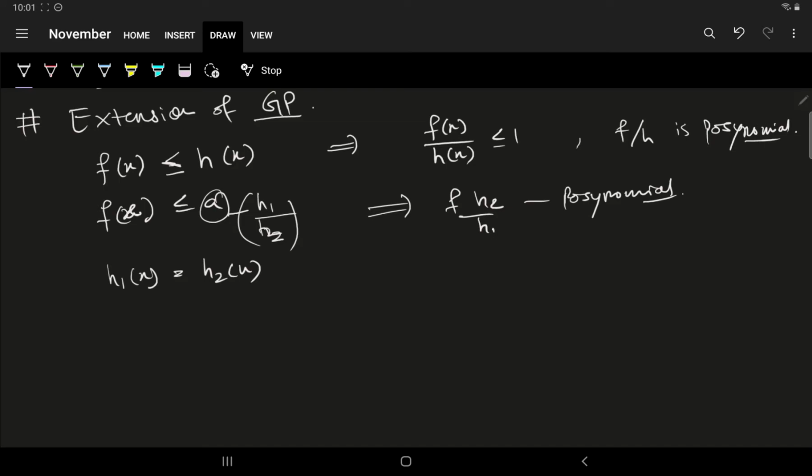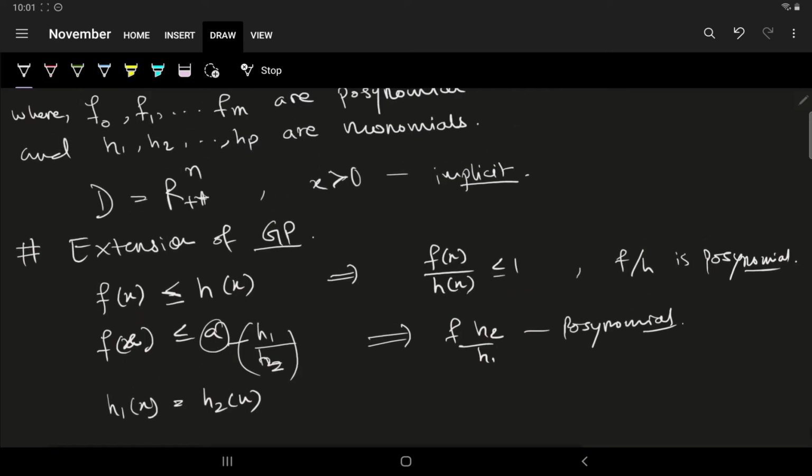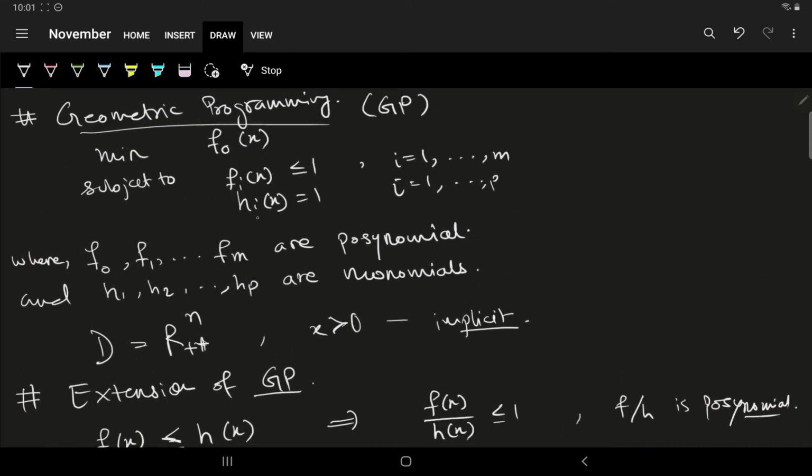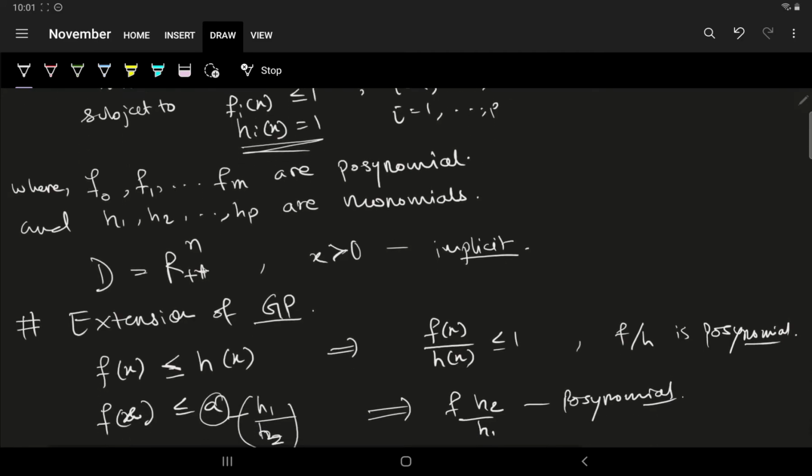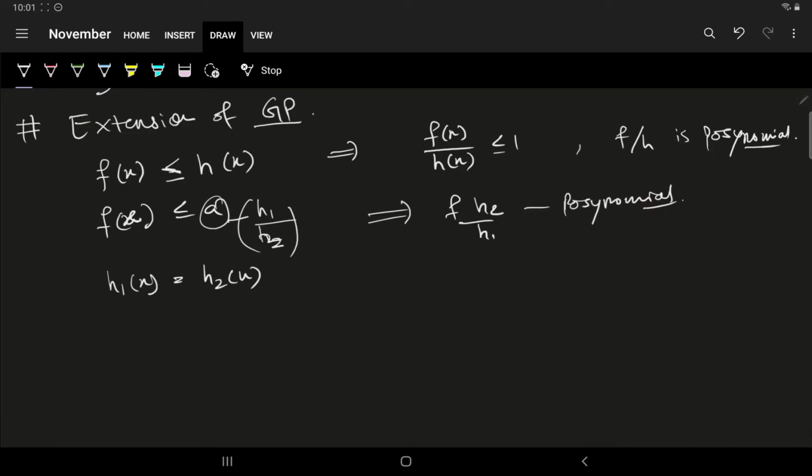What we are trying to do is achieve these kinds of equalities and inequalities as the constraints. So this we can write as, which is again a monomial, because monomials are closed under multiplication and division.